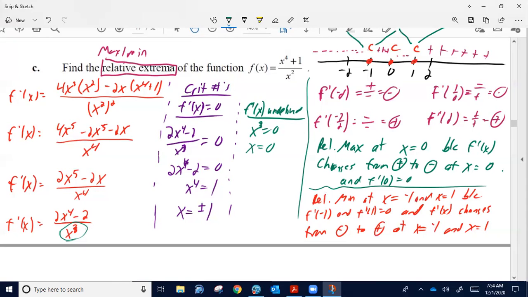Minimums at these two, fall to rise, max at the middle one because it goes rise to fall. Don't get lulled into thinking it has to alternate. I want to make that last point. You could go negative to negative or positive to positive in these intervals. You do need to check those. The College Board likes to throw in a tricky one like that to make sure you do check. So always check the values.